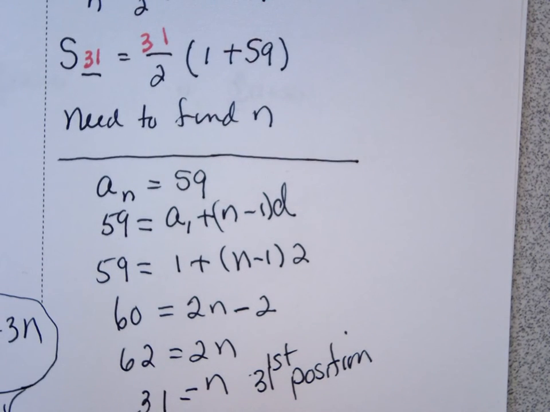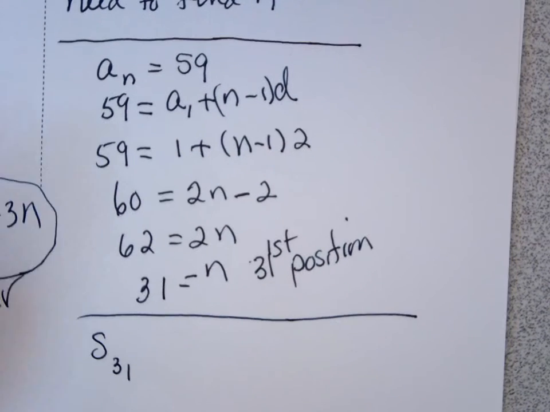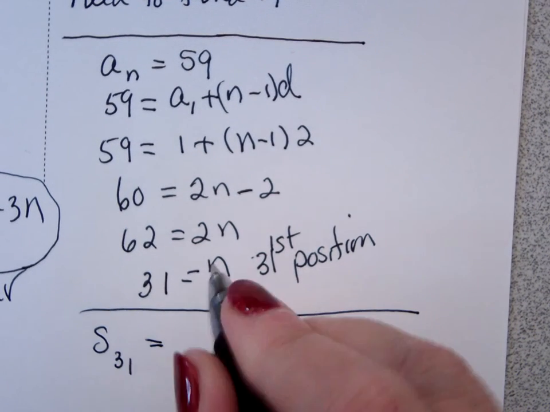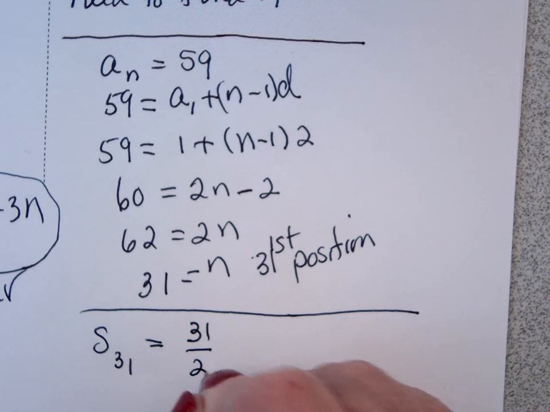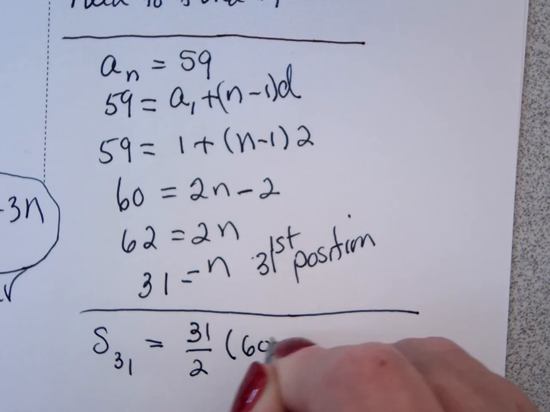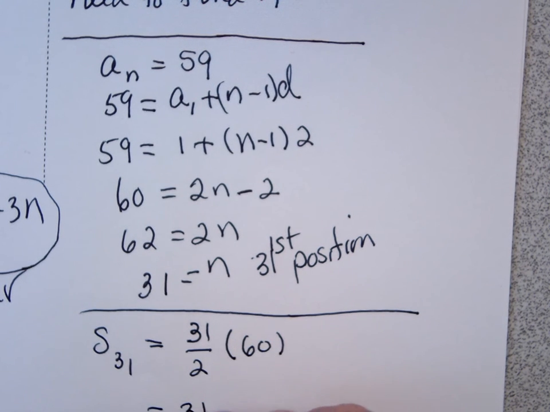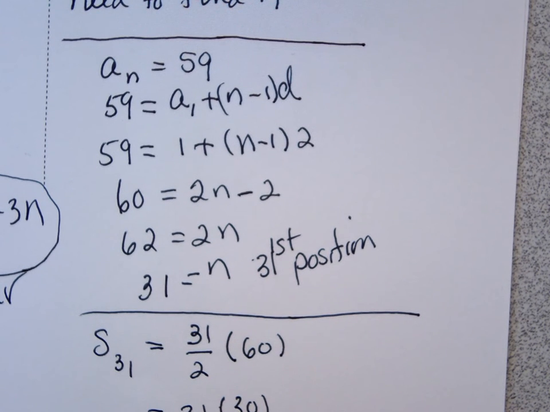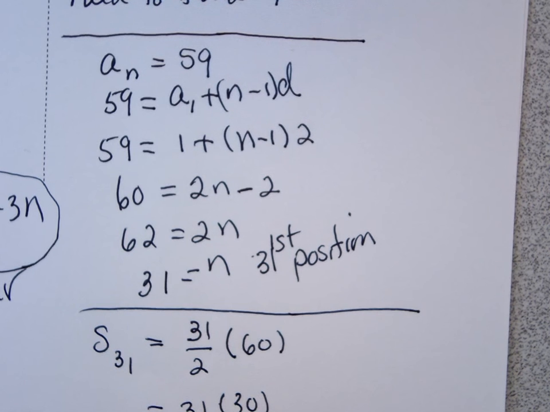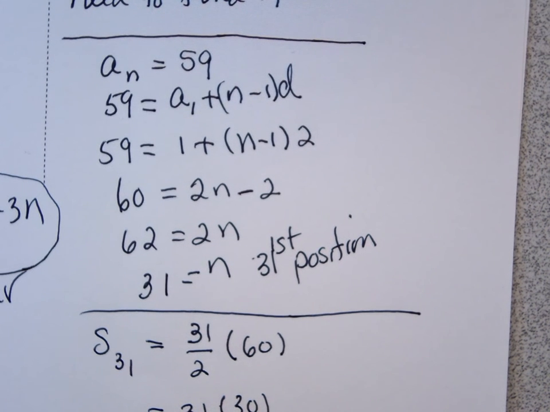S sub 31 equals 31 divided by 2 times 60, which is 31 times 30, and 31 times 30 is a number, and I could do it in my head, but I'm not going to trust myself to do it in my head.